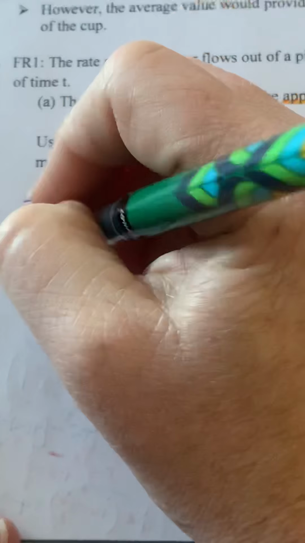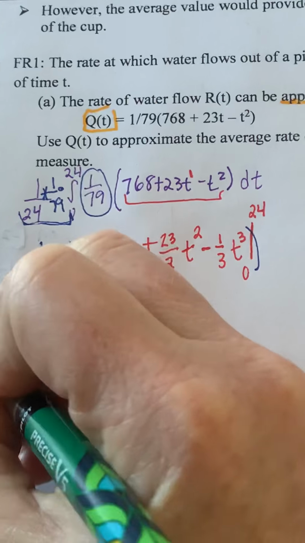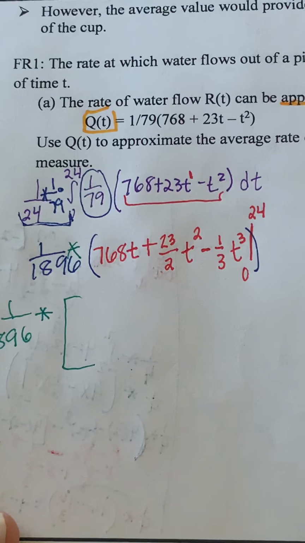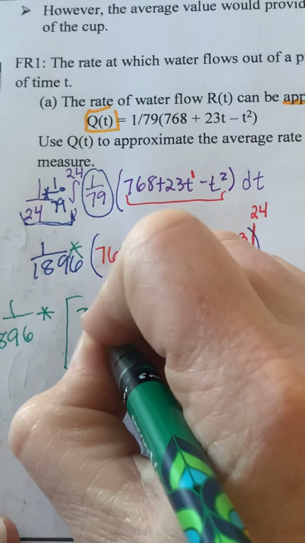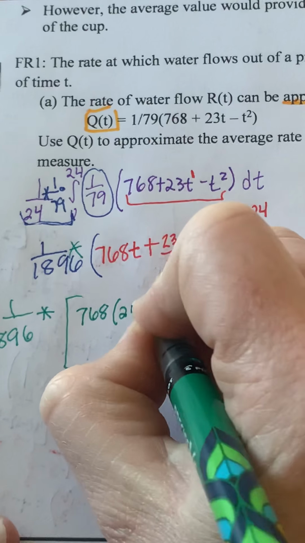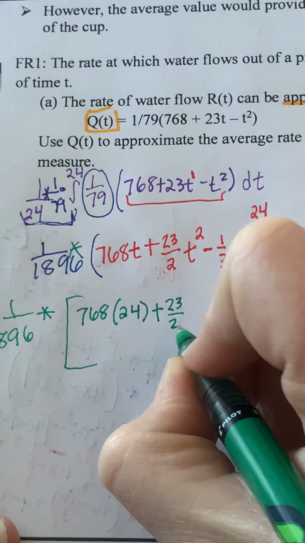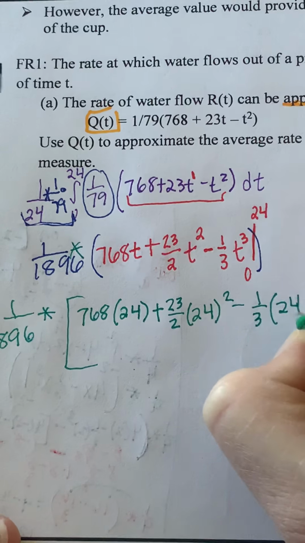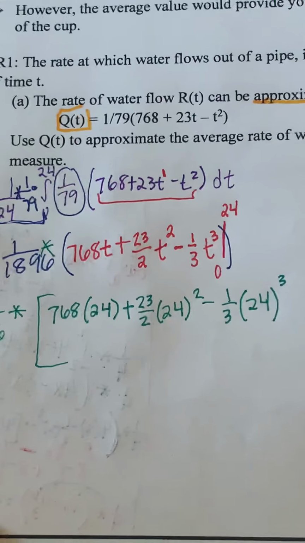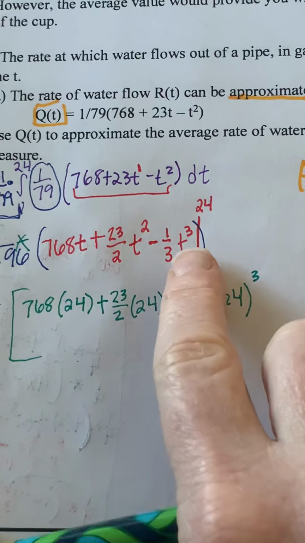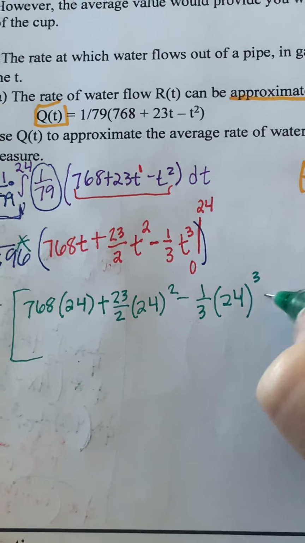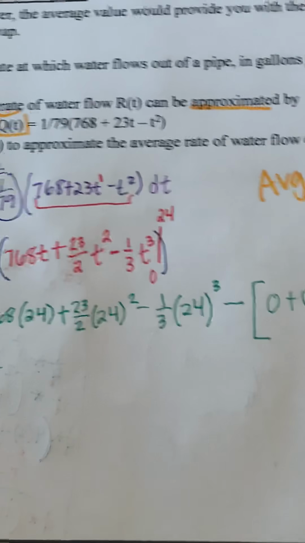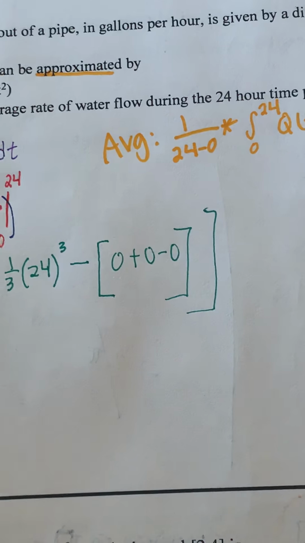I'm going to ignore 1 over 1896 for now and plug in 24 and then subtract 0. So I've plugged in 24 for t, and if I subtract and plug in 0, I'd get 0 plus 0 minus 0, so the 0 actually isn't going to matter.